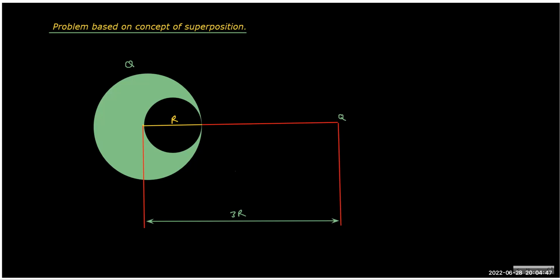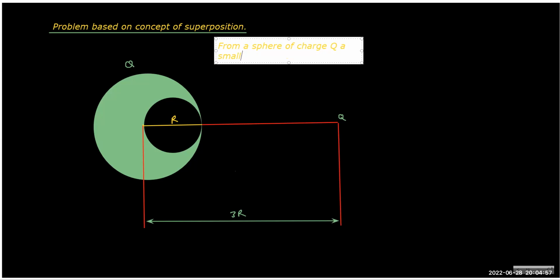So the question is actually: from a sphere of charge capital Q, a small spherical cavity is made of radius R by 2 as shown in the figure.